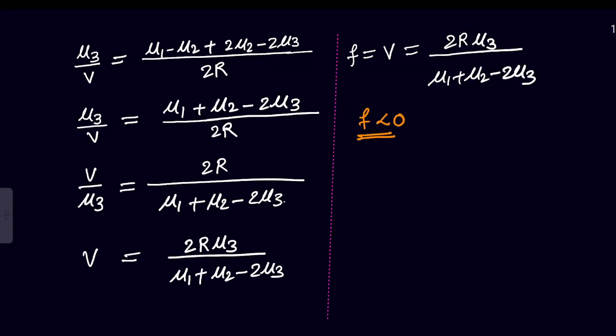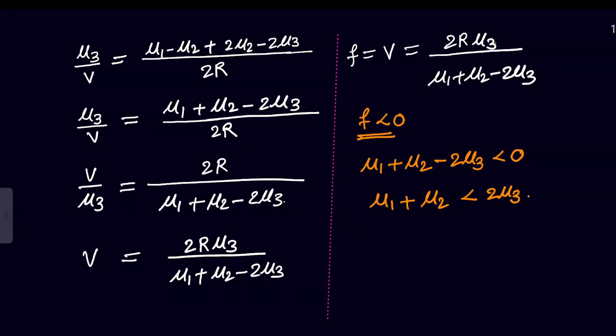The numerator cannot be negative, only the denominator has to be negative. So mu1 plus mu2 minus 2 mu3 is less than 0, which means mu1 plus mu2 is less than 2 mu3.